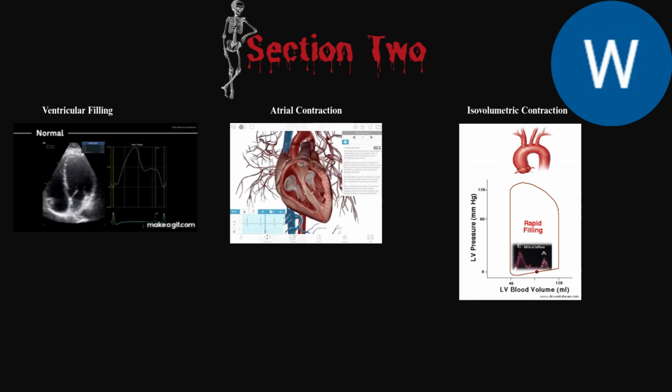This is part one here. So we have the ventricular filling. During the ventricular diastole, the ventricles are relaxed and pressure gradients favor the blood flow from the atria into the ventricles. I don't know if you guys can clearly see what I'm talking about here, but if you see that blue line that's outlining the valve, you can see the valve opening.